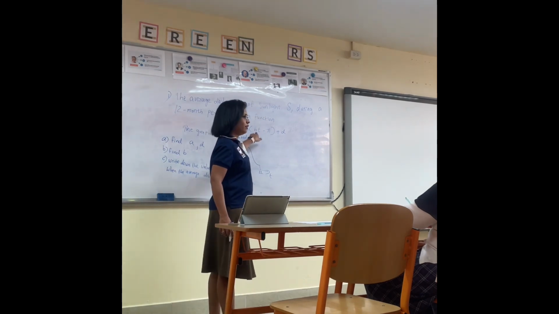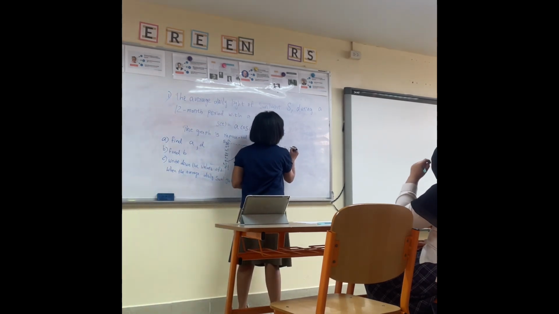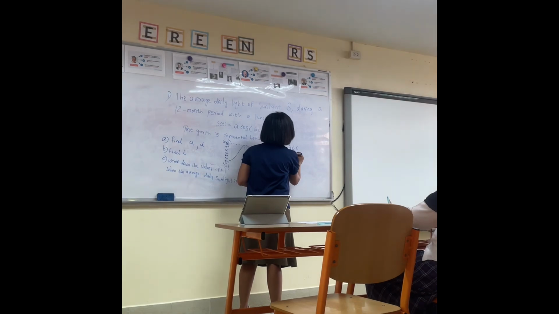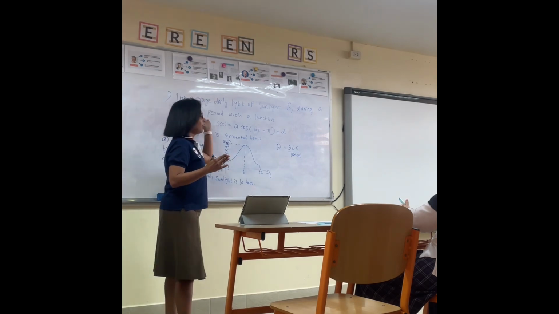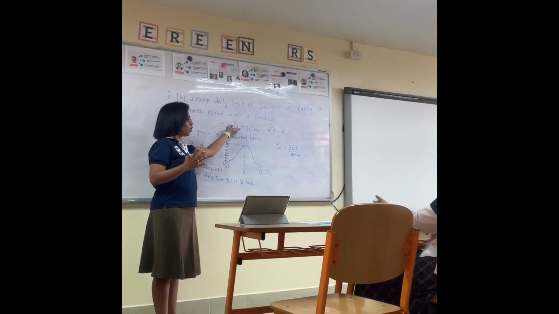B, this one. What is the formula I give you for theta? 360 over period. Period is already given in the question. So we can start. What is the function? First step, you have to identify which function this is. Cos.